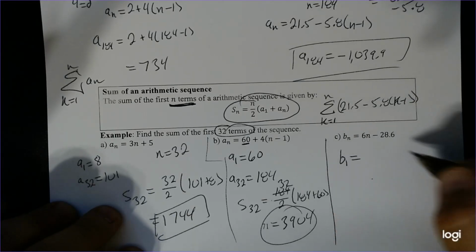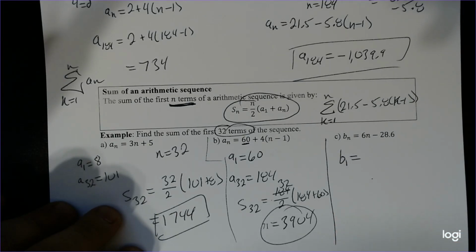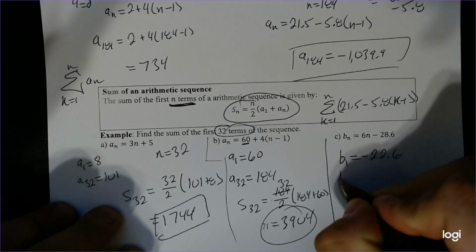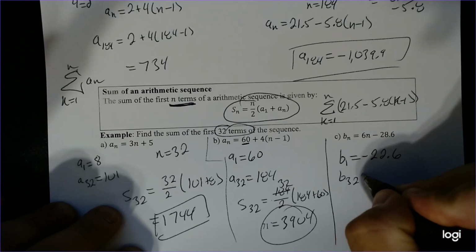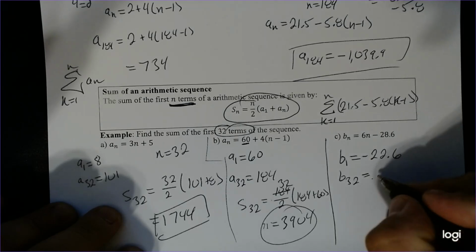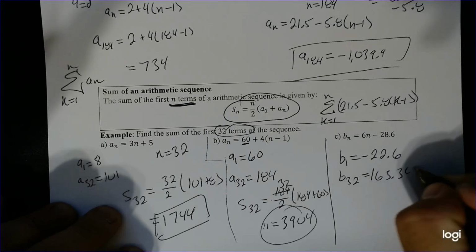So b sub 1 would be 6 minus 28.6. And then b sub 32 is 163.34.